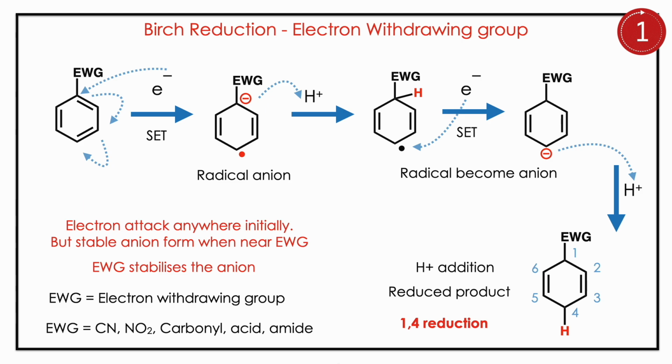Then the radical is there. Again electron transfer, the radical converts into an anion. Then the anion is quenched with H plus. You have the final reduced product. The electron withdrawing group can be cyanide, nitro, carbonyl, acid, or amide. Basically a carbonyl structure or other electron withdrawing groups. So if you use an electron withdrawing group, you have 1,4 reduction.